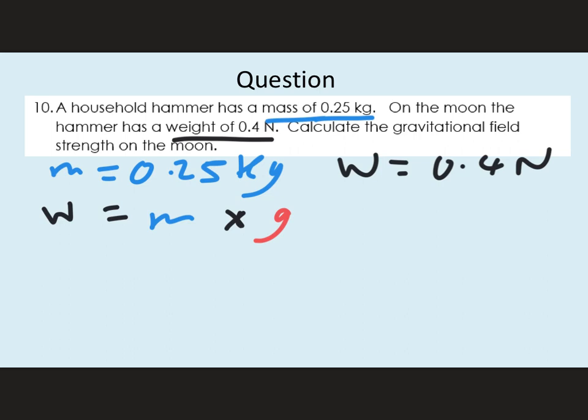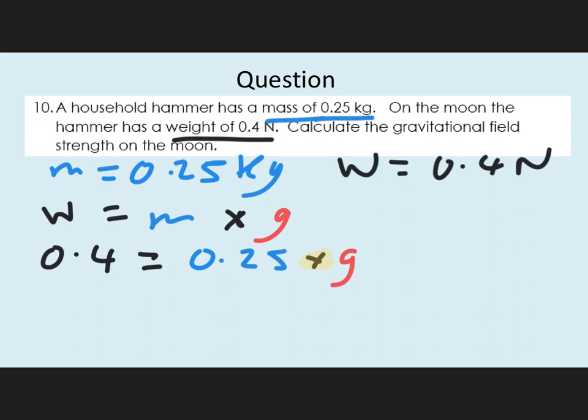So let's put the numbers in that we've got. So we've got 0.4 equals 0.25 times by G. Now we can still see that on this side we've got the times here. So to change side, we need to use a divide. So to get rid of the 0.25 multiplied by G, we're going to divide 0.4 by 0.25.